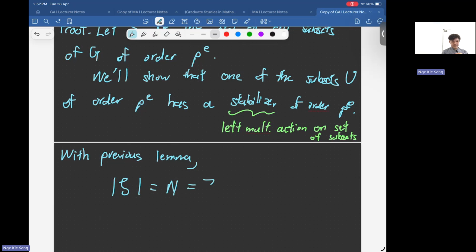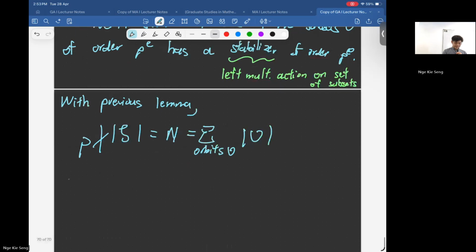And at the same time, we know the class equation, right? We can write it in terms of orbits. But we know that p doesn't divide this n here. So what does this mean? At least one of the orbits has order that is not divisible by p.